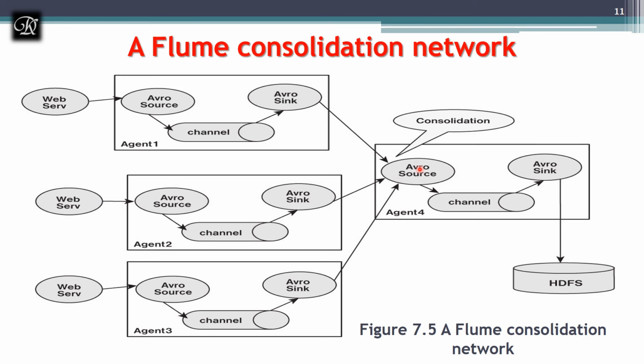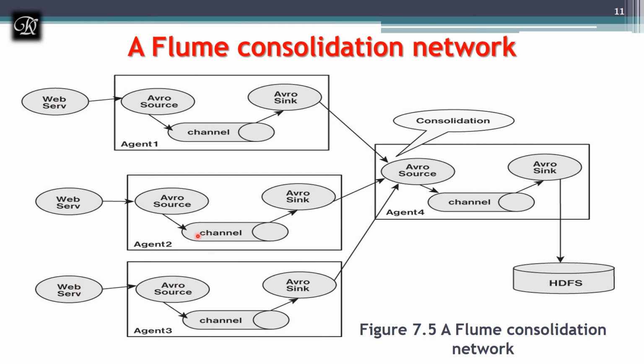The configuration of this is done between multiple web servers and the Hadoop HDFS. Why? Because it might be a Twitter web server, a Facebook web server, or some other website's web server.